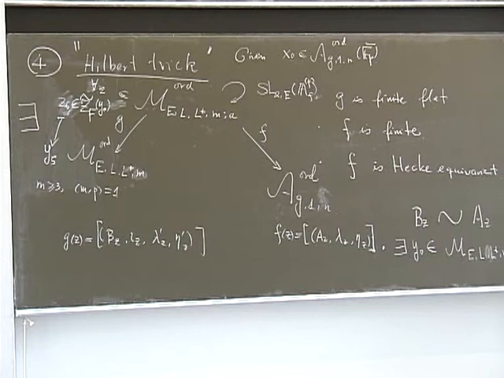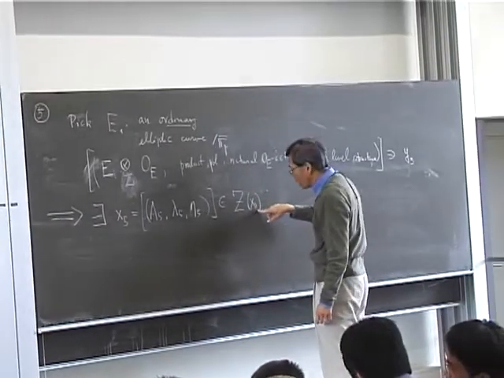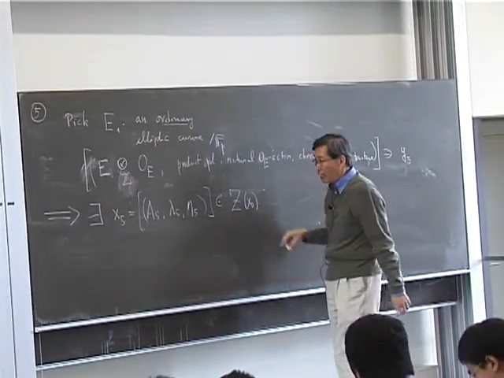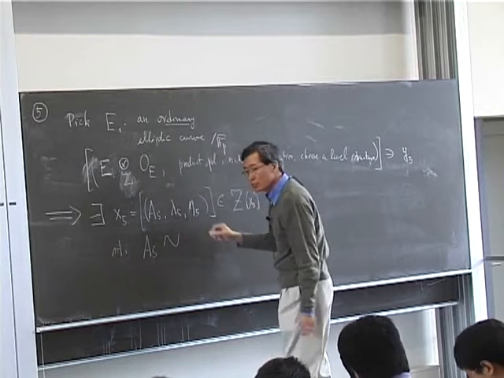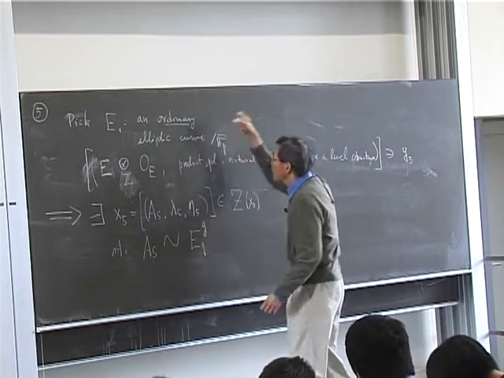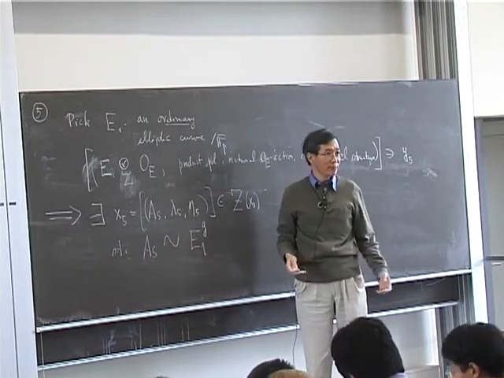The upshot is that I can find a point, now let's say x5 equals (a5, lambda5, eta5), in the Zariski closure of the Hecke orbit of the original point that we want to study, such that A5 is isogenous to G copies of that ordinary elliptic curve over Fp bar, right?